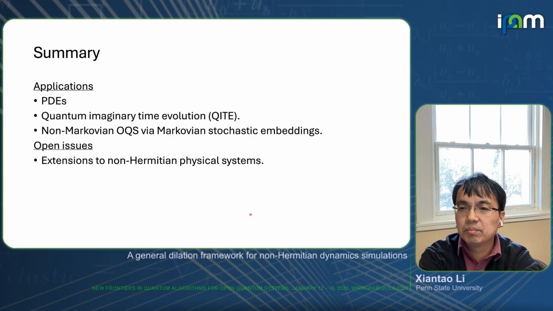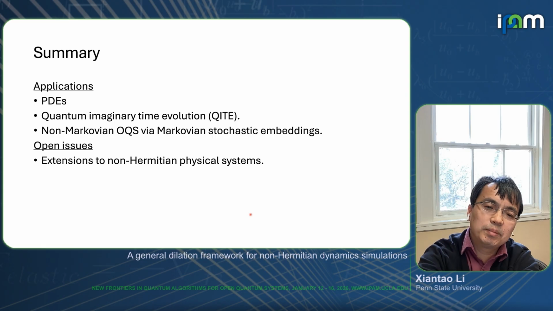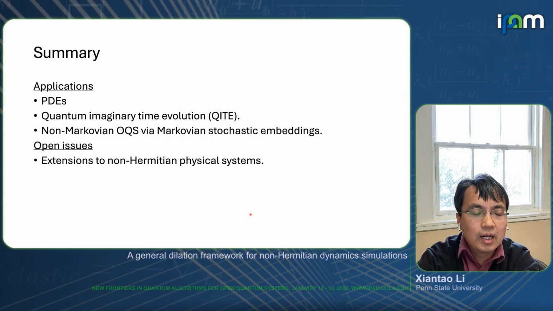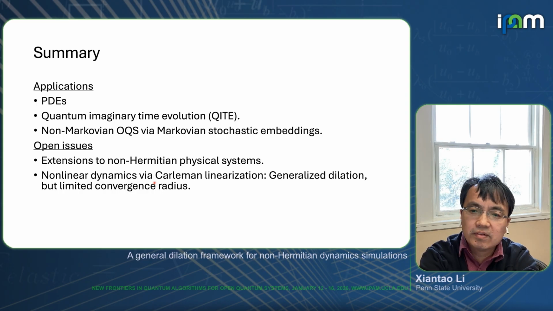I don't know how much we can push further, whether there are some clever discretization schemes to improve the light cone property so that you can simulate the dynamics longer without doing a lot of segments. Another is to look at other non-Hermitian physical systems, like for skin effects. I don't know whether this will have a simple implementation towards that.